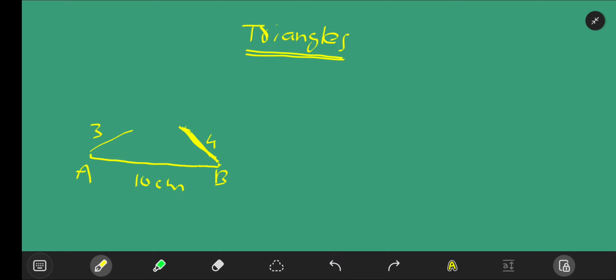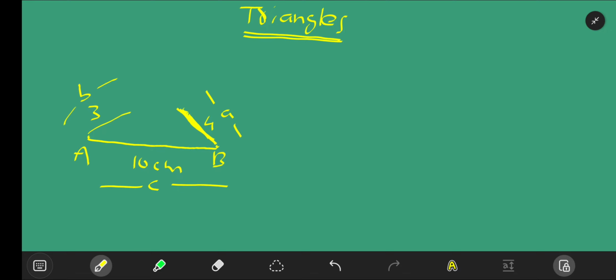Suppose this length I consider as C, this length as A, and this length as B. Now A plus B is less than C. Yes or no?